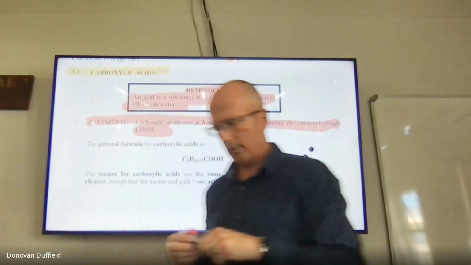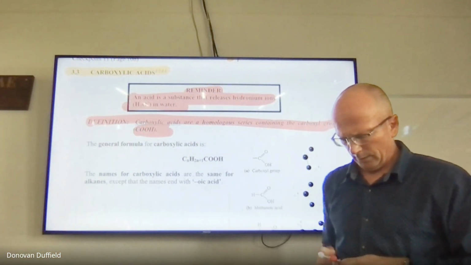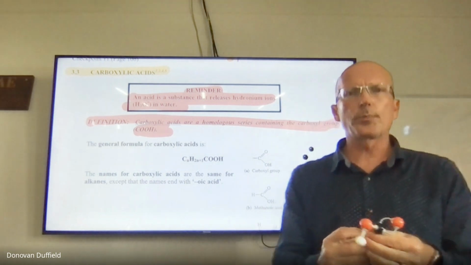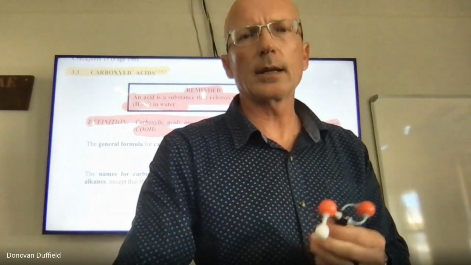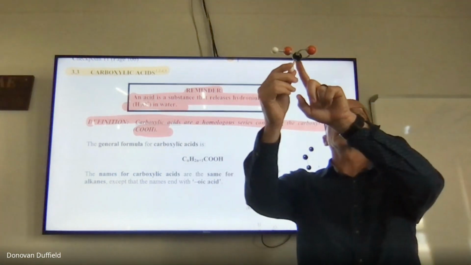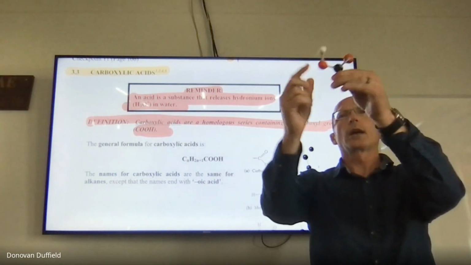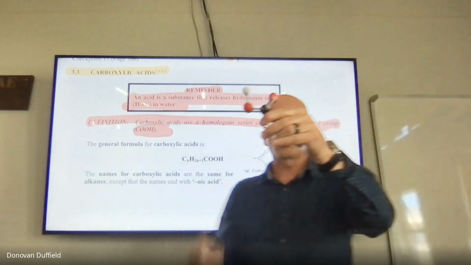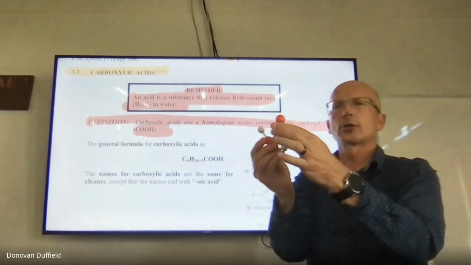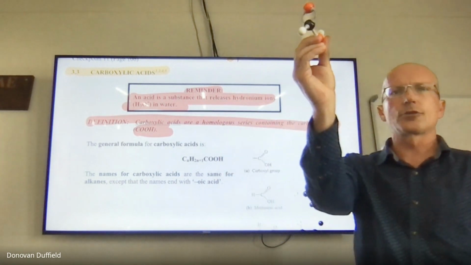Okay, so your carboxyl group is going to look like this. You've got a C. You have an OH, which looks like an alcohol, but it's got a double bond with the oxygen there.